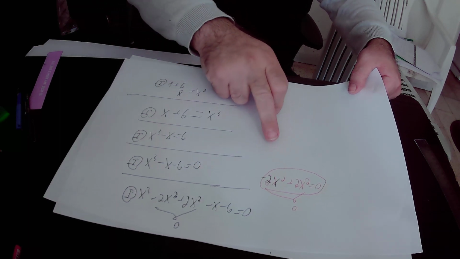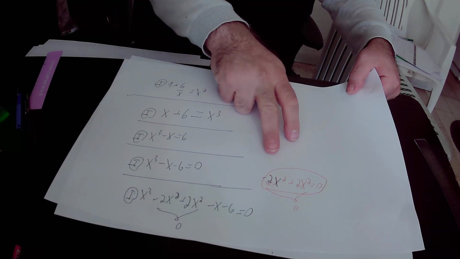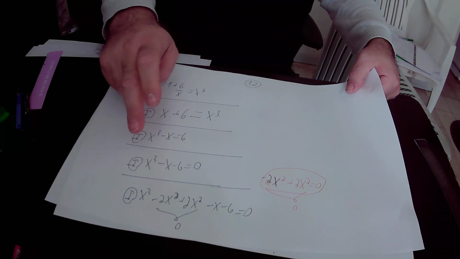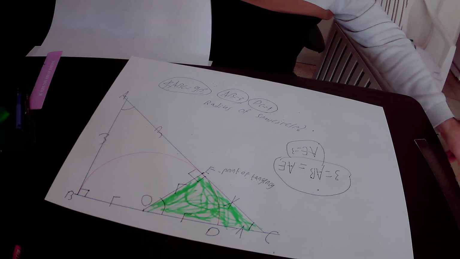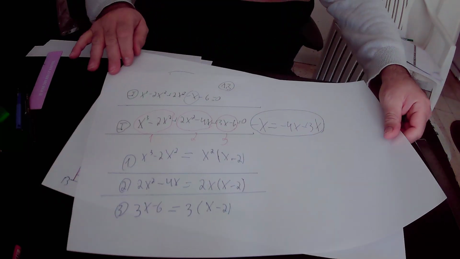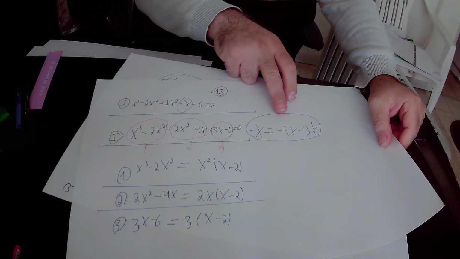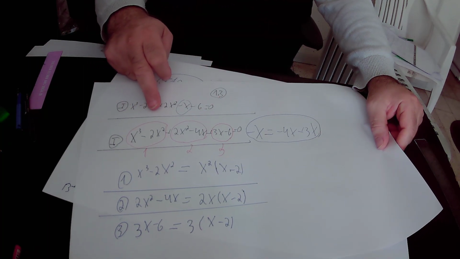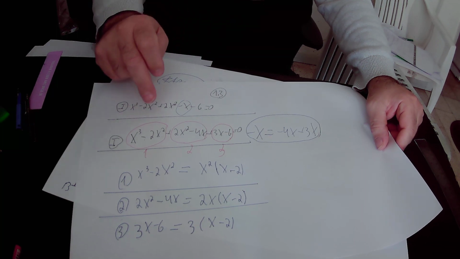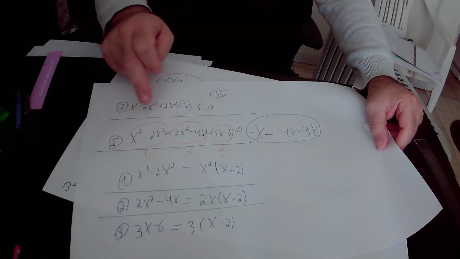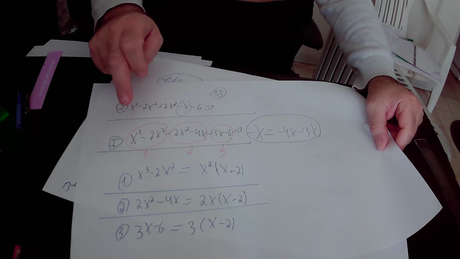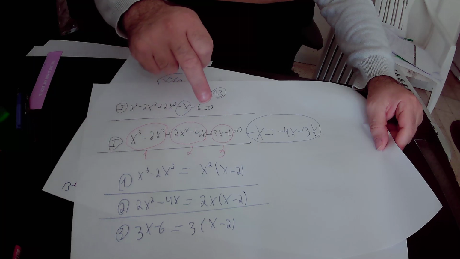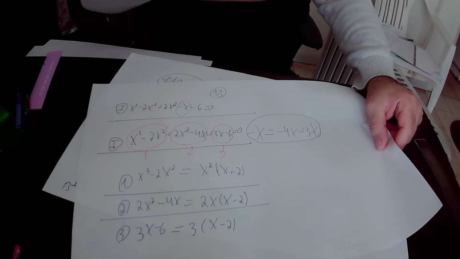Then we added minus 2x squared plus 2x squared to equation number 1, that is 0, and we got this expression. Then we substituted minus x by minus 4x plus 3x, and we got this expression. And then we divided the equation number 1 into 3 parts, and we took a common factor from each part, and we got these 3 equalities.